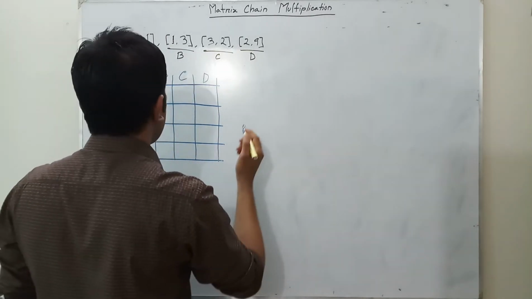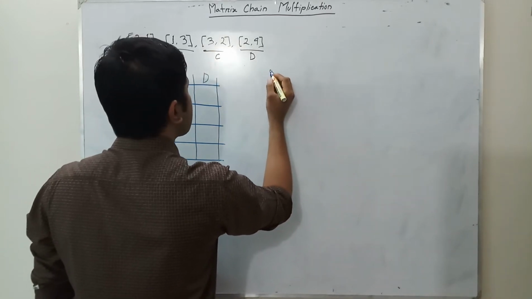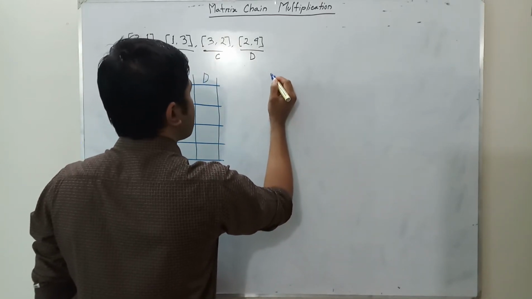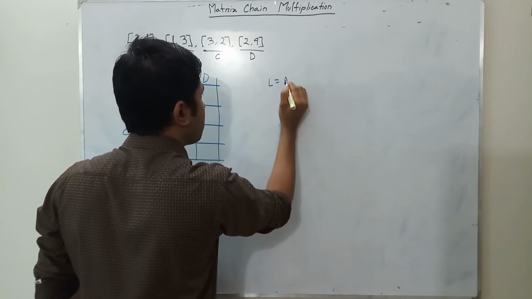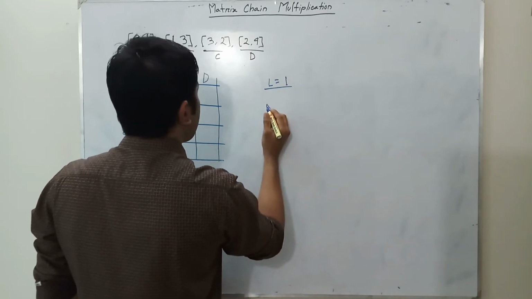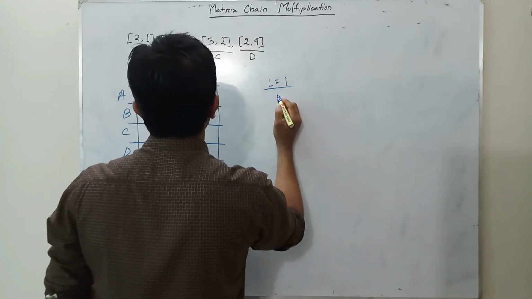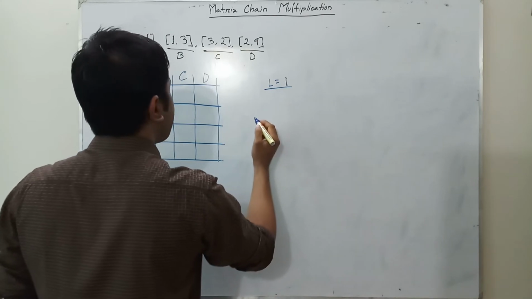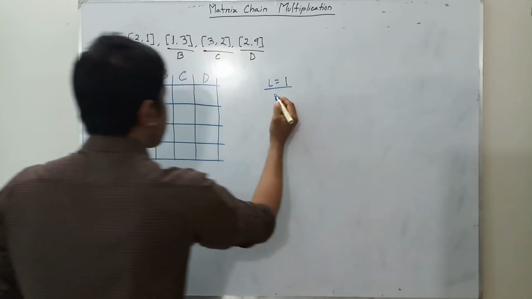In the bottom-up approach, we will first solve for the minimum chain length, when L equals 1. When the chain length is 1, we don't need any multiplication.